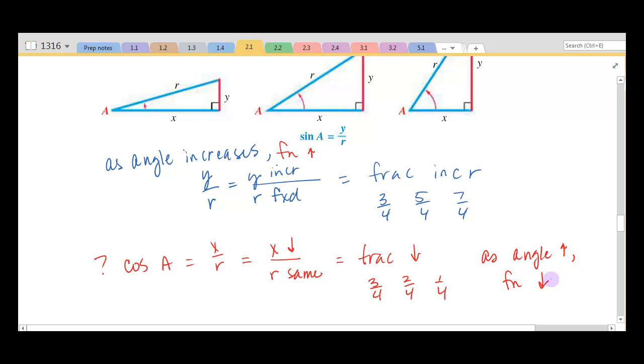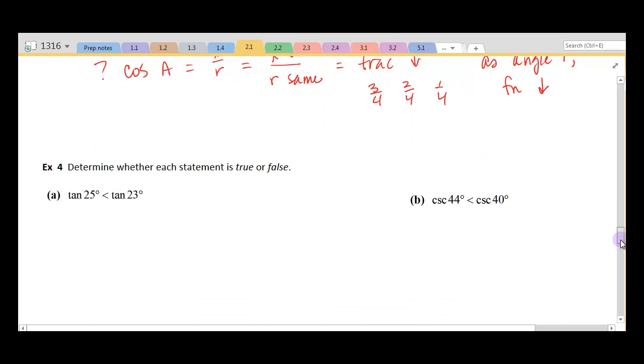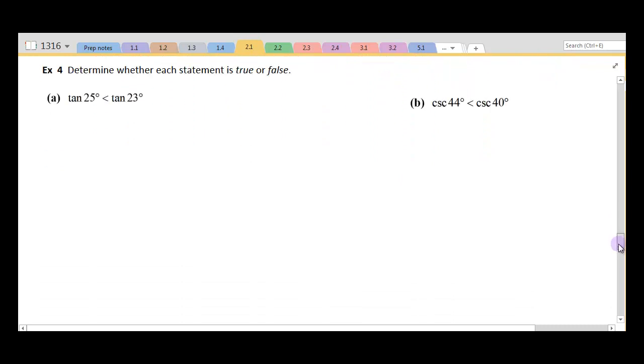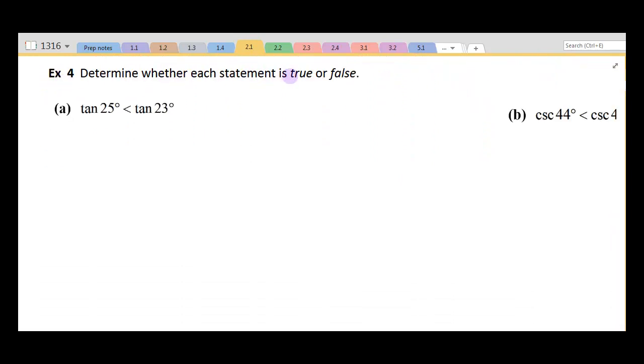Okay, so let's use that idea to compare two things in this example right here, where we're being asked to determine whether a statement is true or false. In other words, is the tangent of 25 less than the tangent of 23?